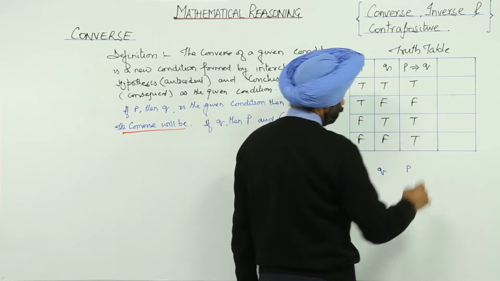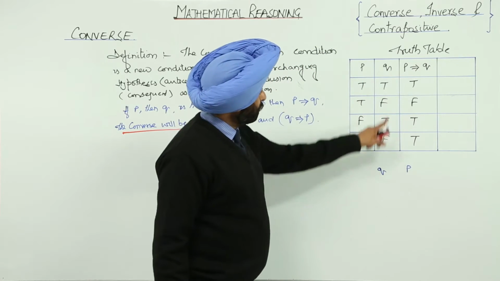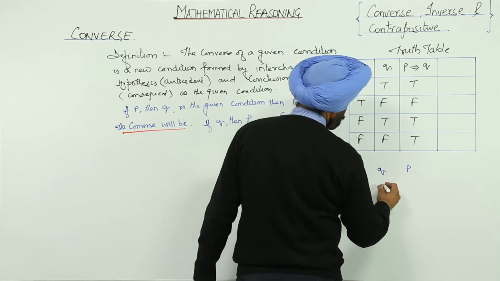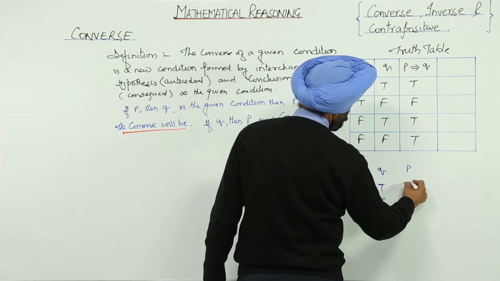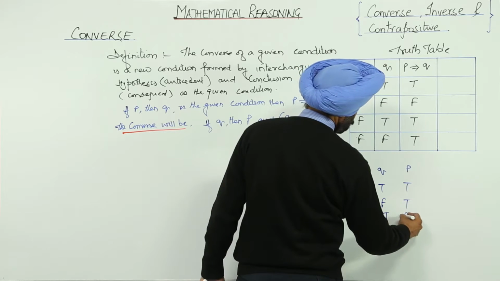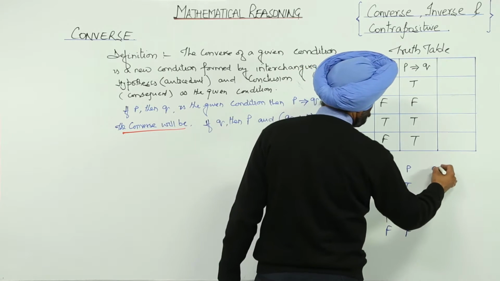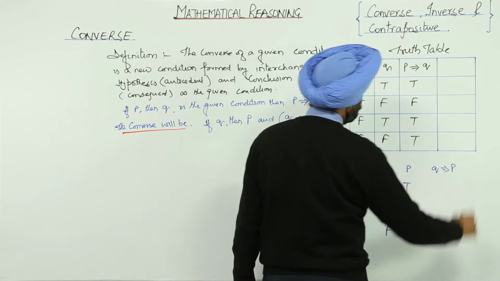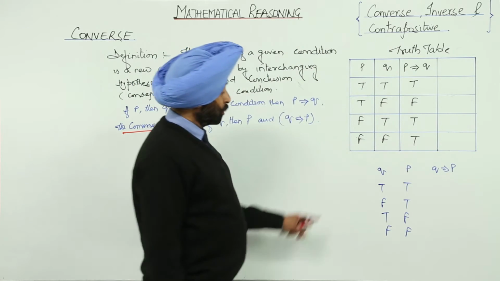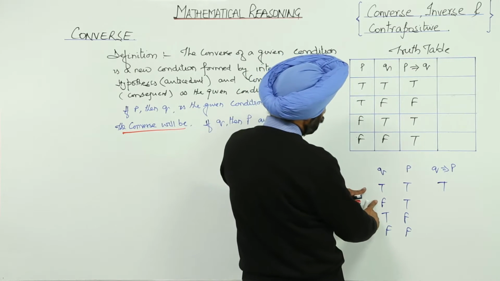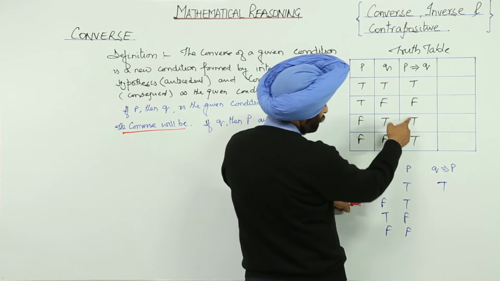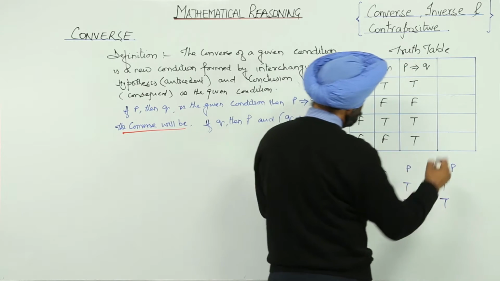Q and P. Now what is Q? We have to note this down: true, false, true, false. And P is true, true, false and false. Now what will Q implies P be? Both are true, so true. Now first is false and then true, false and true gives true.